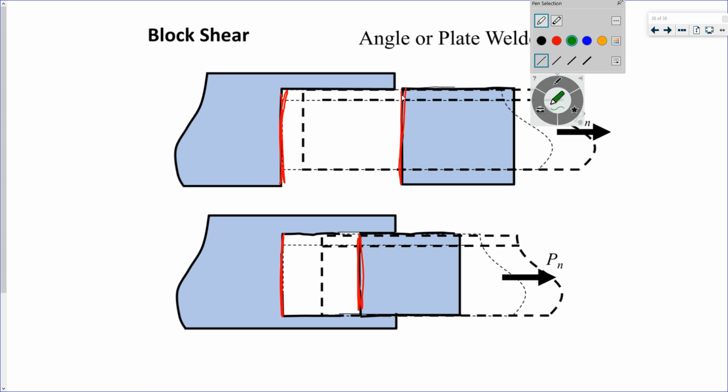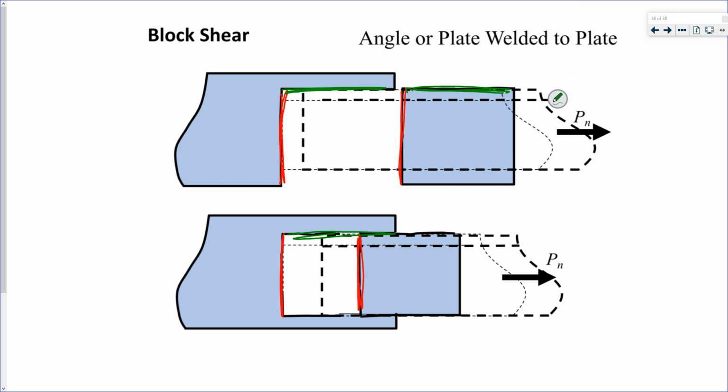Right, because if you think about it, that's a lot less material to break, right? This top one is a lot less material to fail than the bottom one where you have the two shear planes.